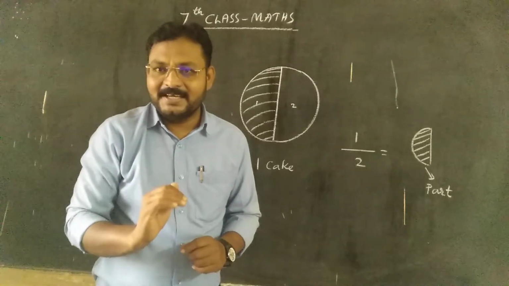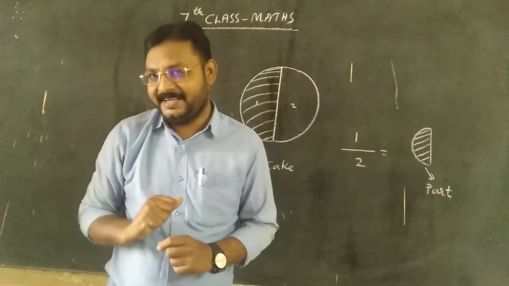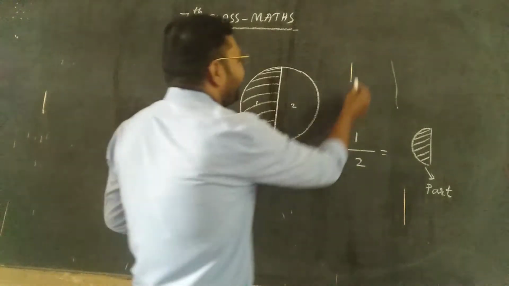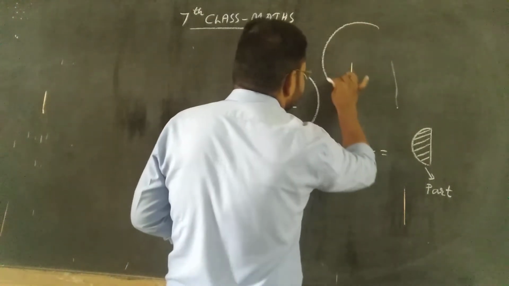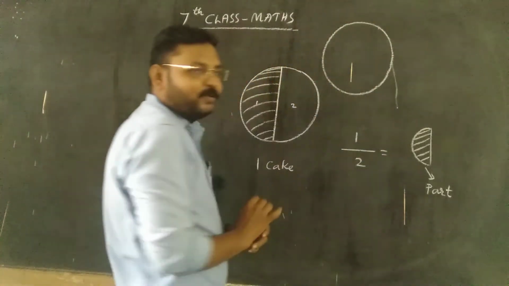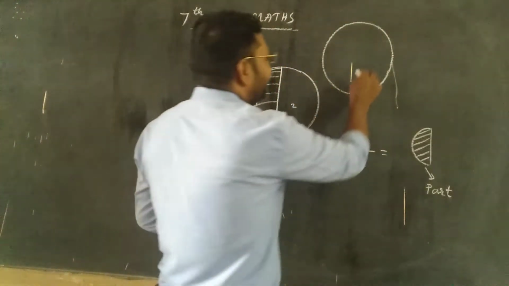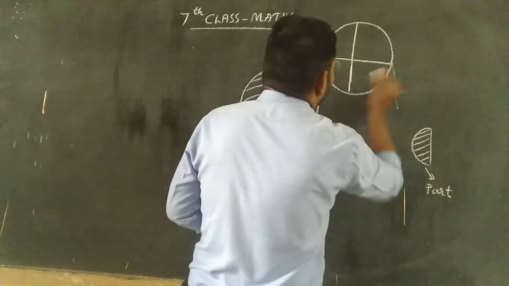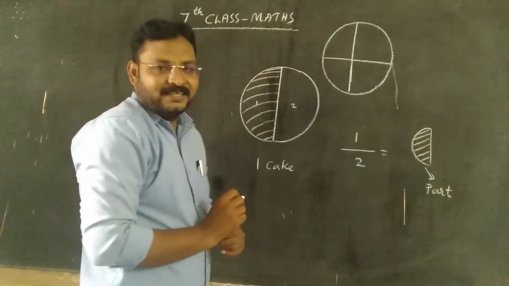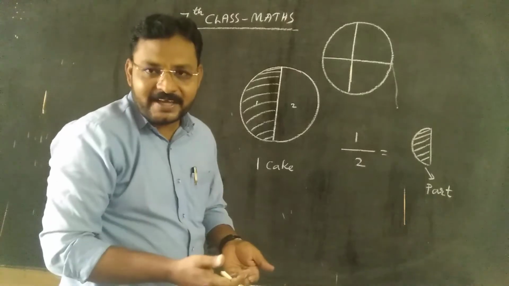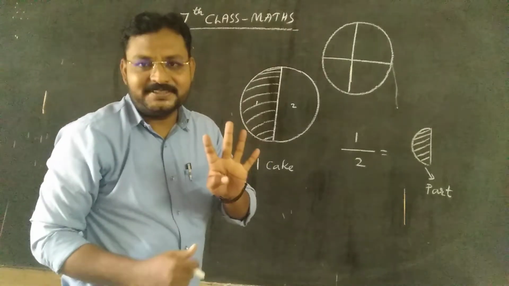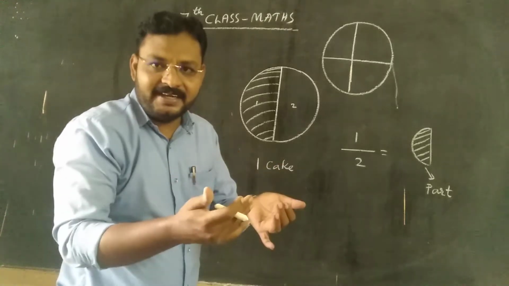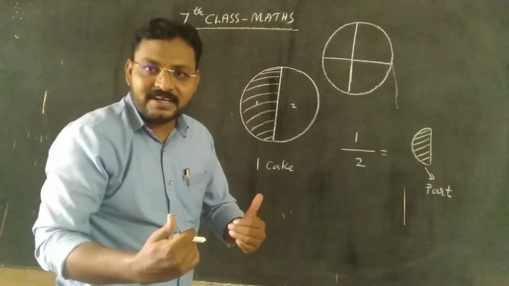Let us discuss some more fractions. Okay children? For example, take one more circle and divide this circle into 4 parts. Totally how many parts do we have? 4 parts. So total parts you represent below the cross line.